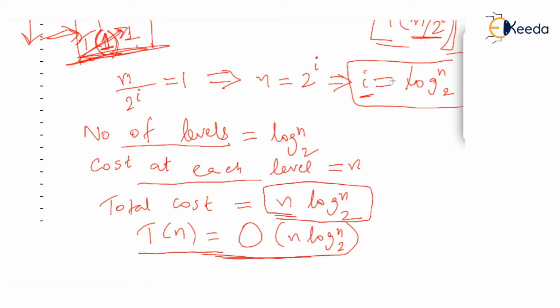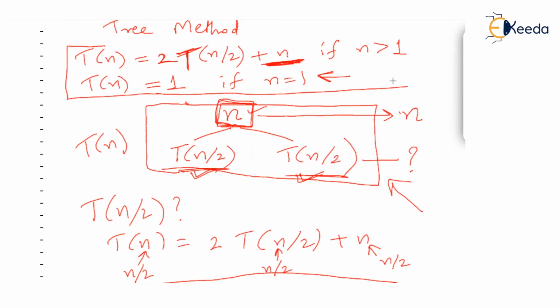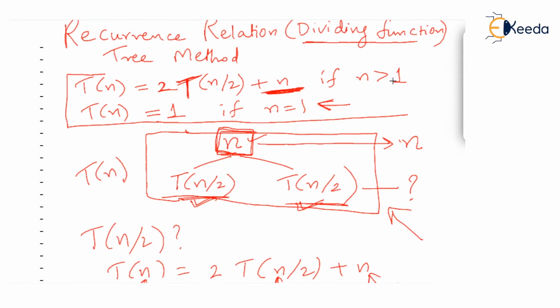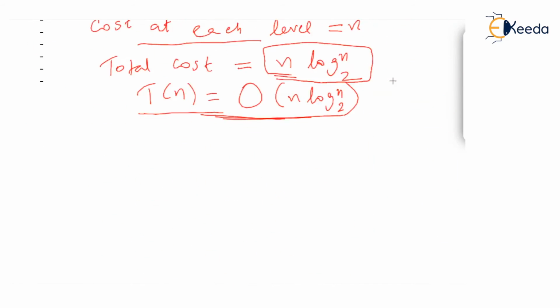Check that whatever we do, substitution or tree method, both these methods are difficult. At times, we get such difficult recurrence relations that it will be very difficult for us to compute the cost at each level. Let me give you an example.